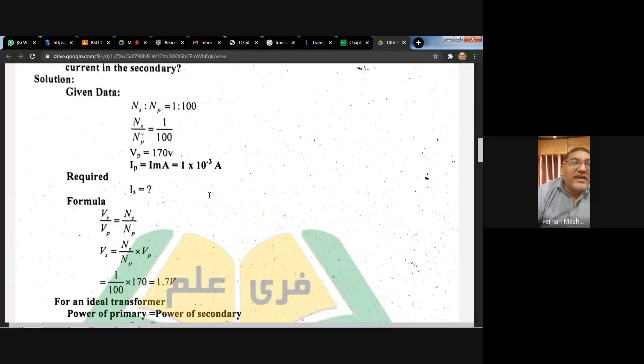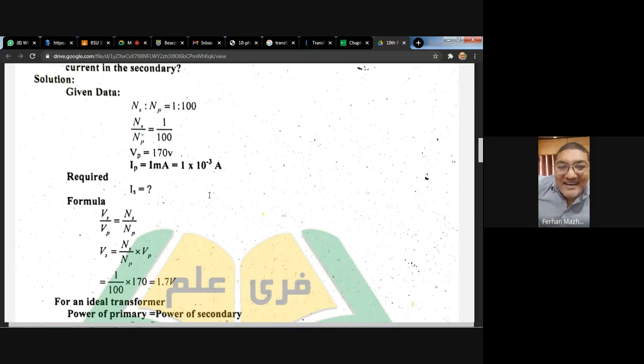Okay. So I want to know what is the current in the secondary. The formula is VS by VP is equal to NS by NP. This is the first step. The NS value is 1 and the NP value is 100, that was given in the data. And I want to find out, first of all, VS. This is not directly asked in the question, but we have to find it.